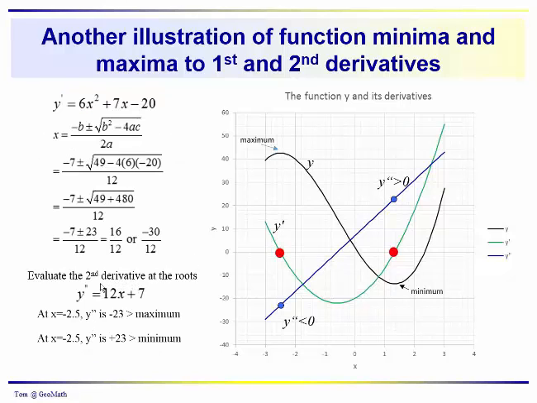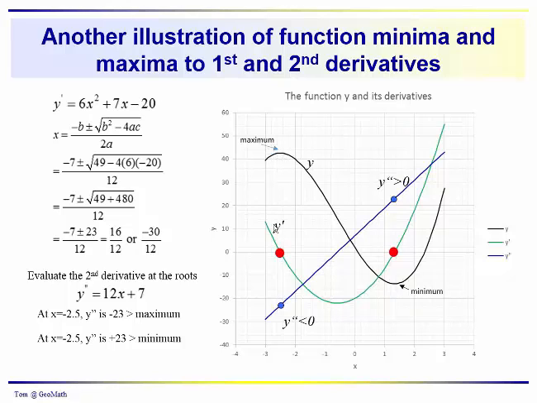And we can go ahead and plug those two roots into the second derivative. The relationship for the second derivative is 12x plus 7. When we plug in minus 2.5, the second derivative is minus 23. So it's negative, and we know it's going to be a maximum. The slope is 0 up here.